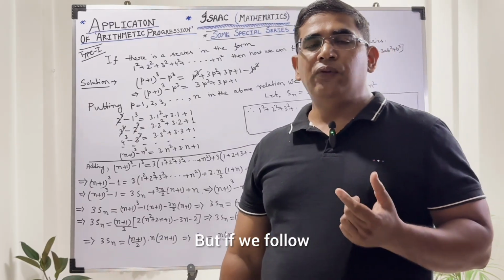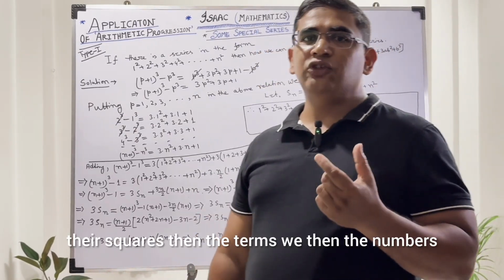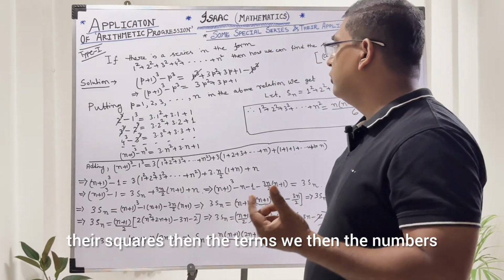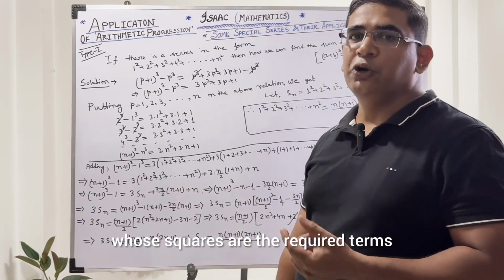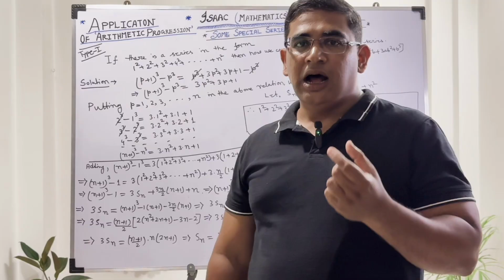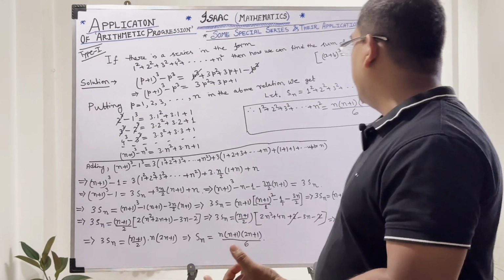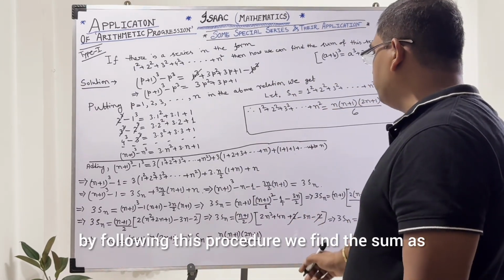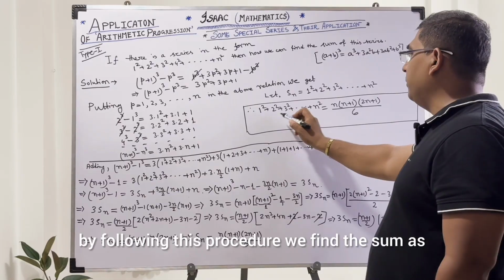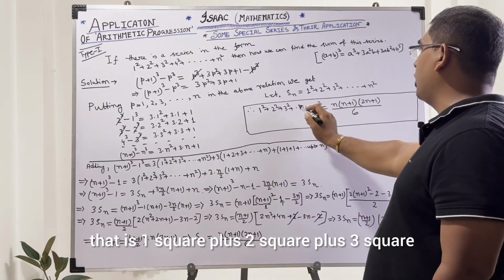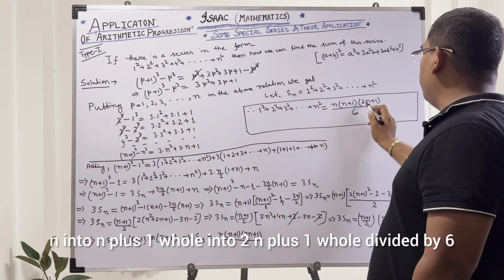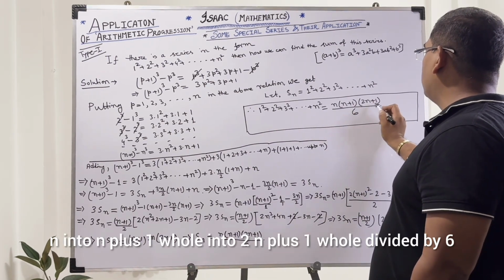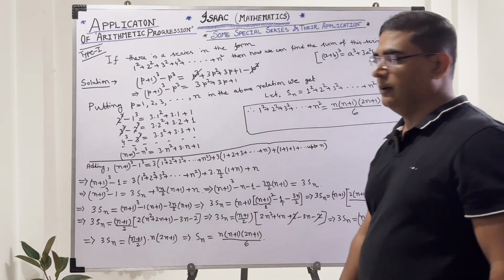But if we follow their squares, then the numbers whose squares are the required terms are in AP. Okay, and by following this procedure, we find the sum as, that is 1 square plus 2 square plus 3 square plus continuing plus n square is equal to n into (n plus 1) whole into (2n plus 1) whole divided by 6. Okay.